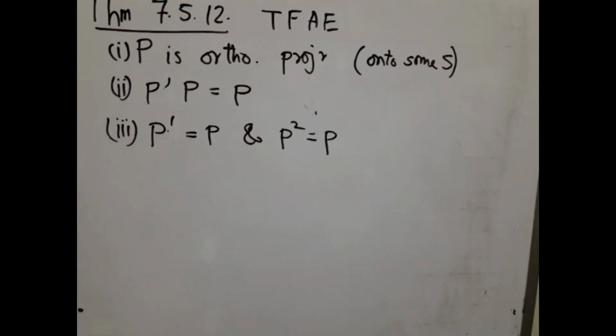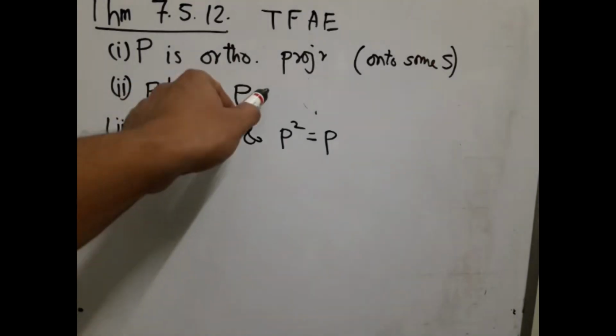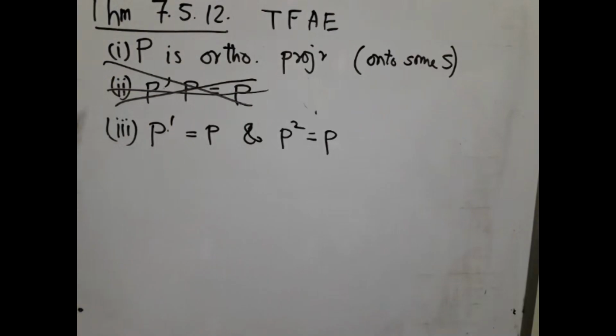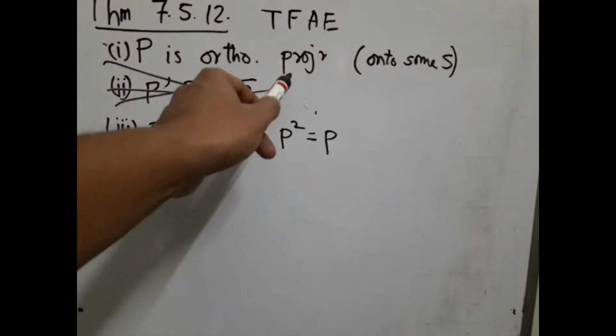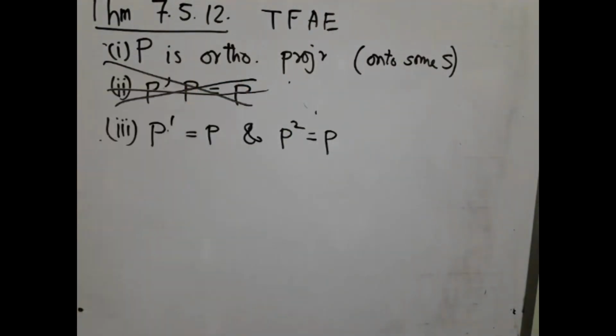1 and 2, that's where the linear algebraic argument comes in. But I would never suggest that you waste your memory remembering this. Remember that 1 and 3 are equivalent, because this condition takes care of projector, this condition takes care of orthogonality.